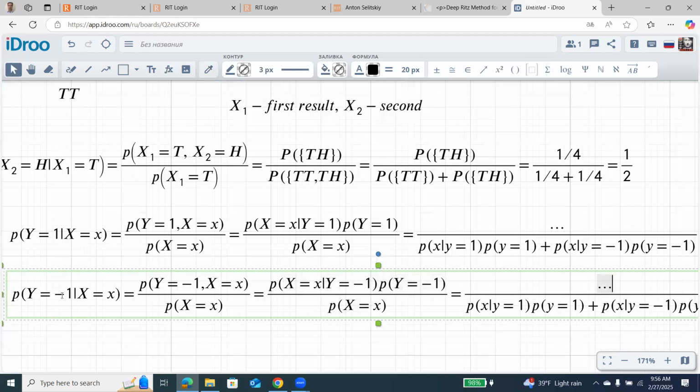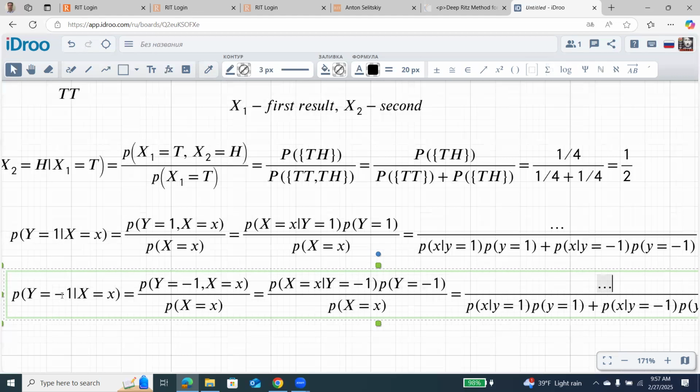And you can see the denominator for both formulas will be the same. And if we want to compare probabilities, we should compare only numerators. And then we assign a class by the highest probability. So we will assign the class by the highest value of numerator only.